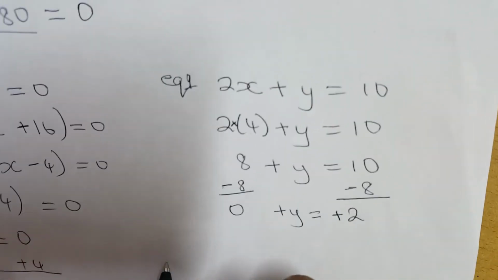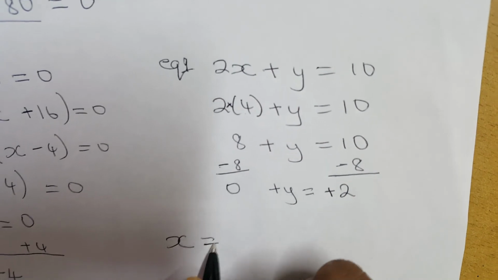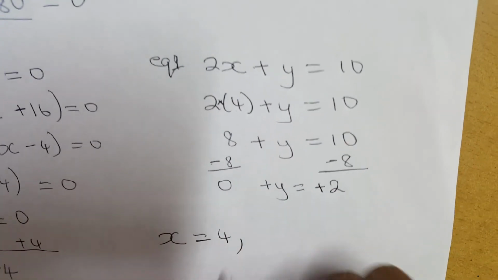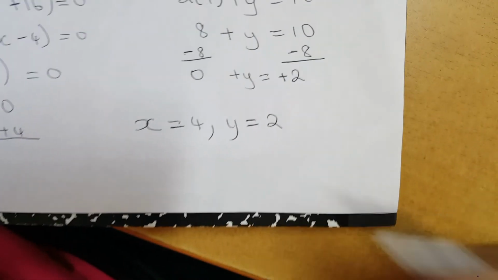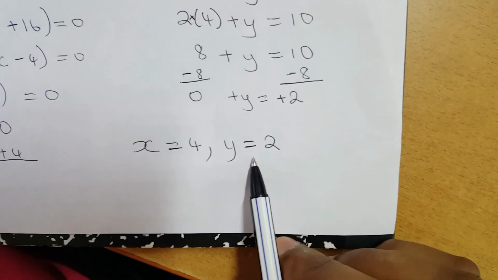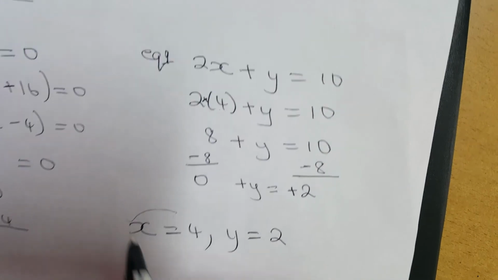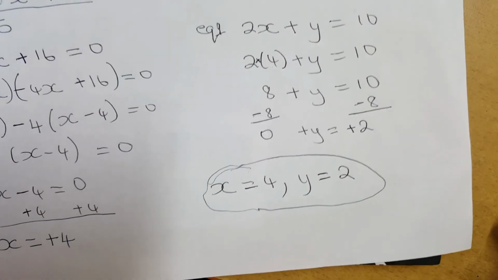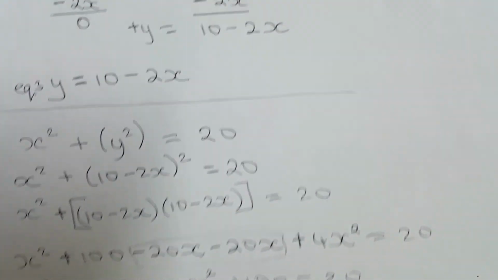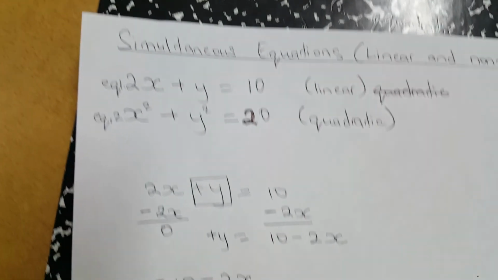And so we have successfully figured out what our value for x is and what our value for y is. So x is 4 and y is 2, and this satisfies both our quadratic and linear equation that was given to us in the start.